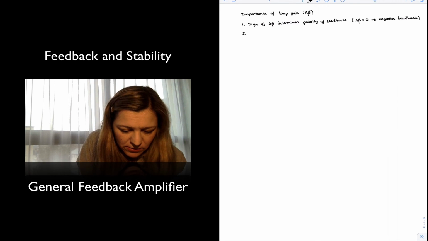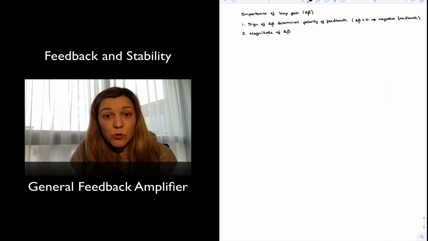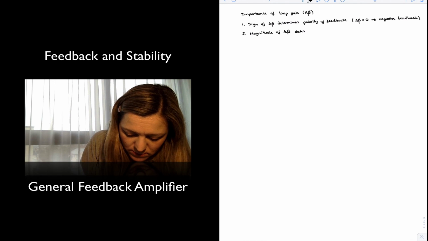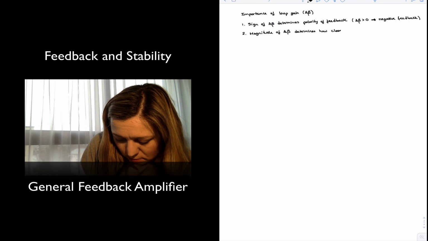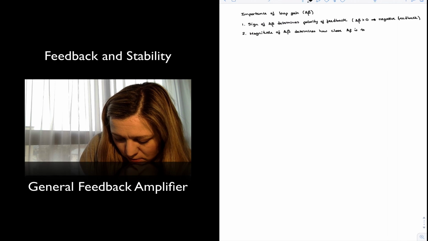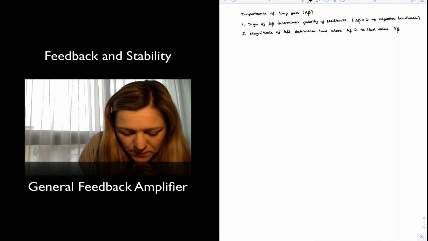Second thing is that the magnitude of the loop gain is going to determine how close our closed loop gain is to the ideal value of 1 over beta.